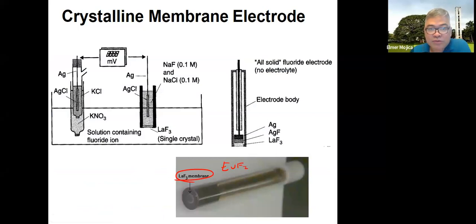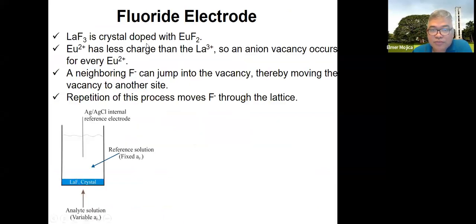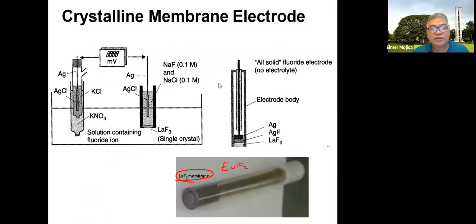The mechanism of this is similar to the pH electrode, with potential developing at the two interfaces. The europium 2 plus is less charged than the lanthanum, so there's an ion vacancy that occurs for every europium 2 plus.